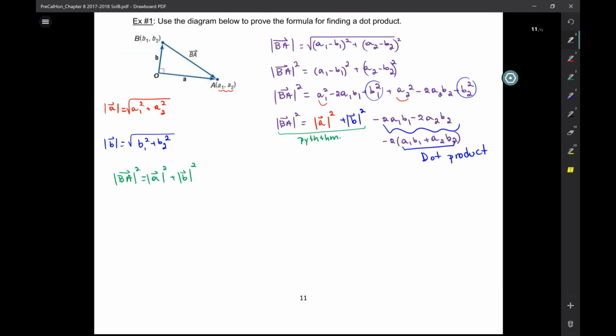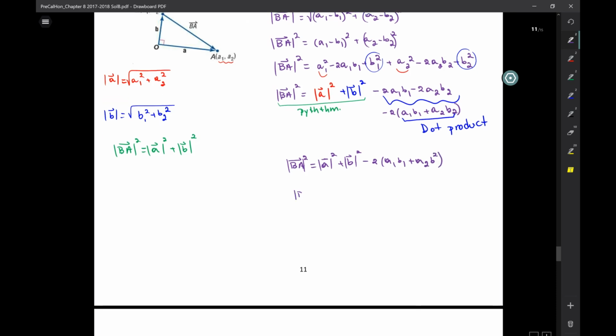So take a look at what I said here. I said that BA, let's just write it like this. BA squared is equal to A squared plus B squared minus 2 A1 B1 plus A2 B2. Correct?